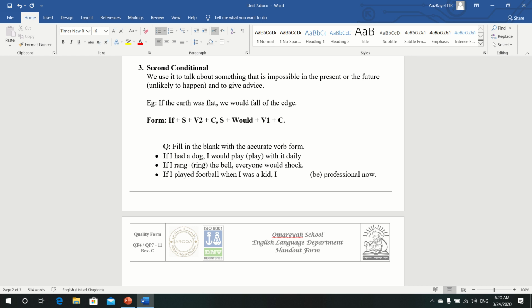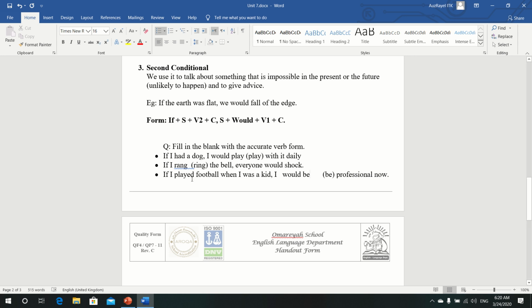Okay. So in the third sentence, it says, if I played football, played here, do you see? We have verb 2, played. Okay. If I played football when I was a kid, I what here? What shall we do? I would be, right? How did we know?